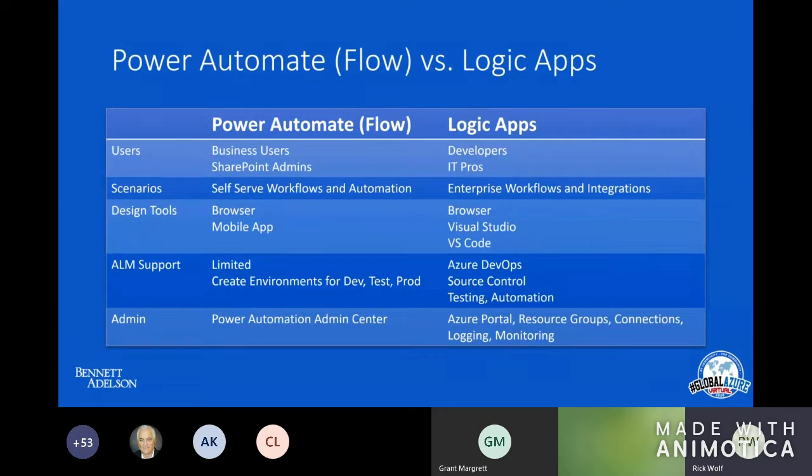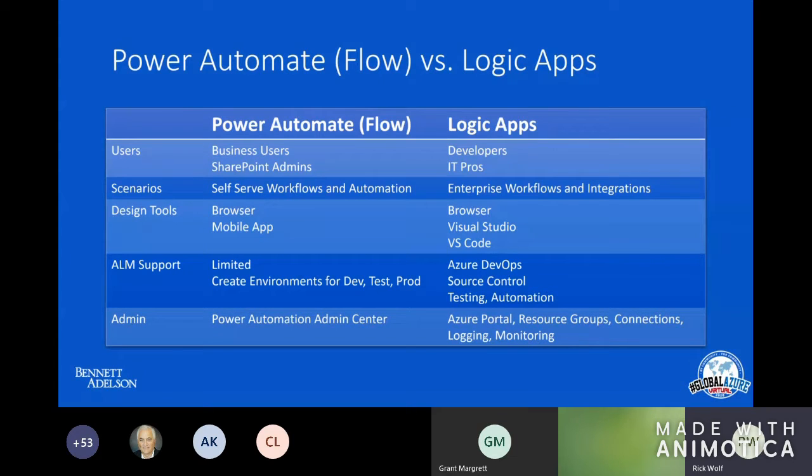So to compare Power Automate flows versus Logic Apps, for Power Automate, the main users are business users or SharePoint admins or makers, people who are power users who have the ability and the knowledge to go and create their own flows, automate their own processes.